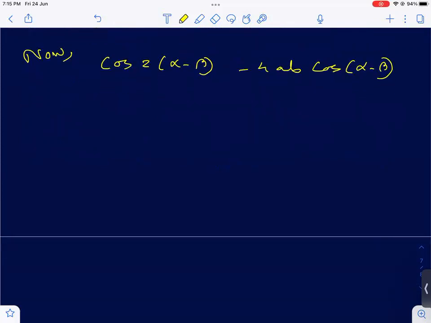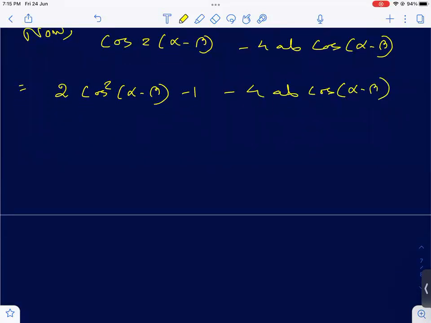Cos 2 theta is 2 cos square theta minus 1, the multiple angle formula. So 2 cos square(alpha minus beta) minus 1 minus 4AB cos(alpha minus beta). So just put the value. It is a calculation, and this type of calculation sums will come in school examinations. This particular sum is related to the inverse formula, so not needed.